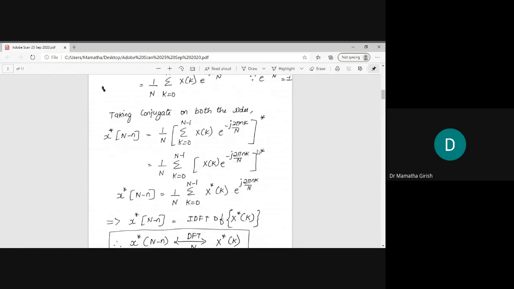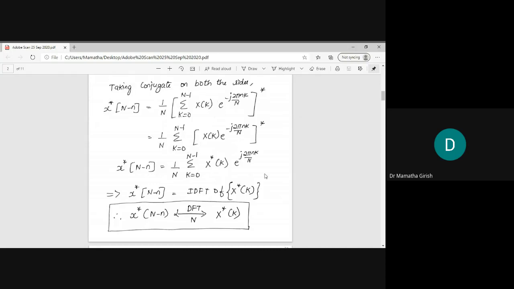Applying the complex conjugate to both sides results in 1 by N outside, summation outside, and the complex conjugate restricted only to these two terms. The complex conjugate of X of k is X complex conjugate of k, and for the complex conjugate of this exponential term, we change the sign, so minus j gets changed to plus j.